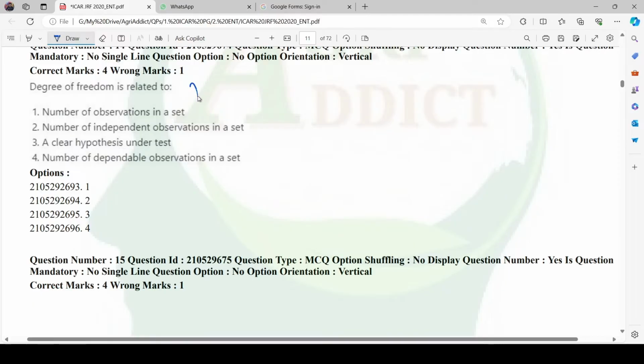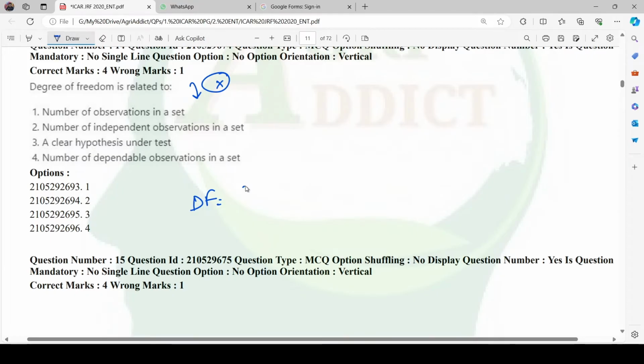Actually this question was dropped because not a single answer option is correct. So what is degree of freedom? Degree of freedom, or simply DF, is the difference between the total number of items and linear constraints.